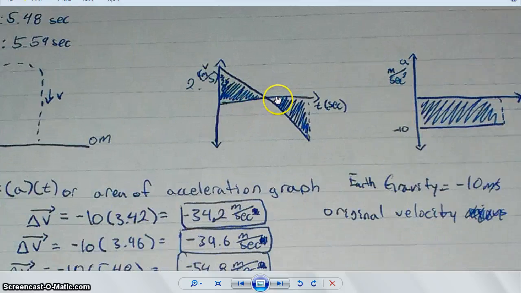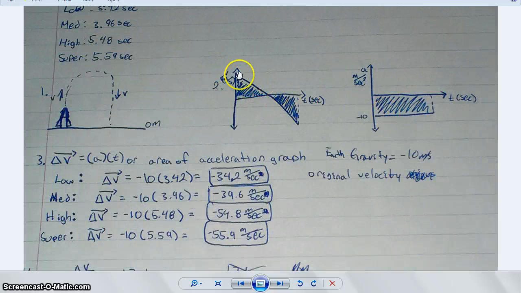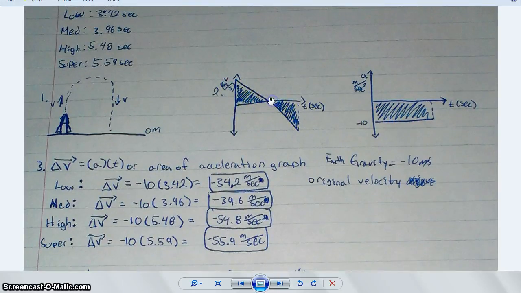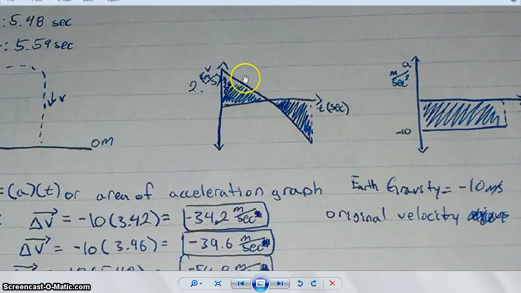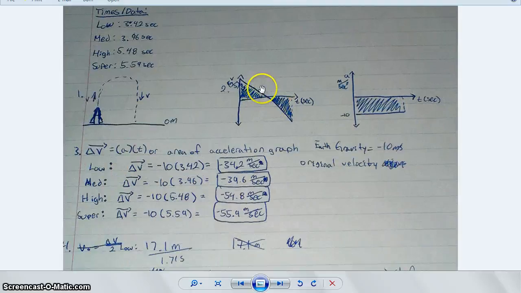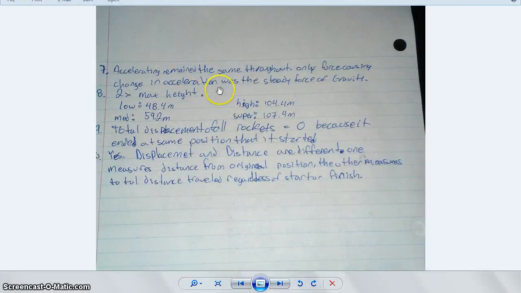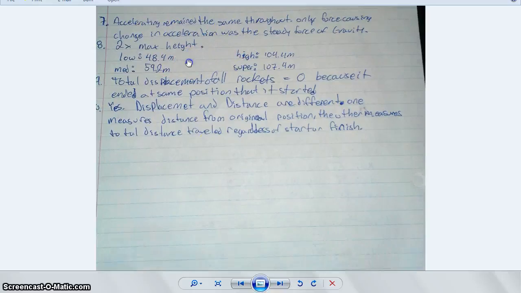We know that acceleration is basically just the slope of the velocity time graph, and the slope remains the same, and even though it's at 0 velocity, the slope is still negative 10 meters per second. So the slope is not changing ever, so acceleration is always the same.